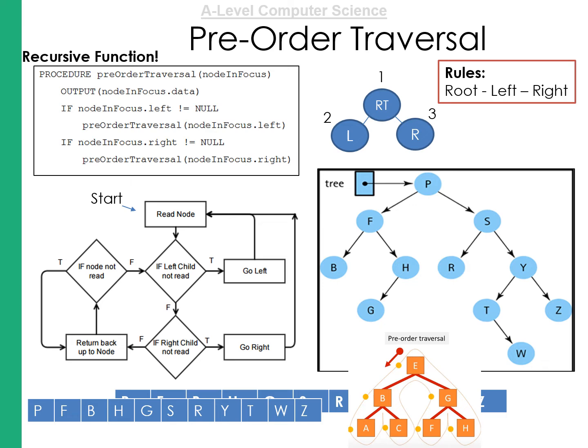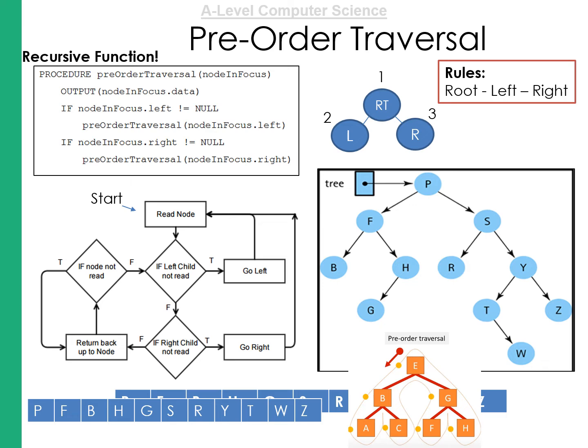We can remember where we're going using a stack in this case. So we can remove an item off once we have completed visiting all that item's children. There's an example of a procedure shown here on the screen, or a function. This is in pseudocode. We've called it pre-order traversal. The node in focus is the node that we're currently looking at the moment.